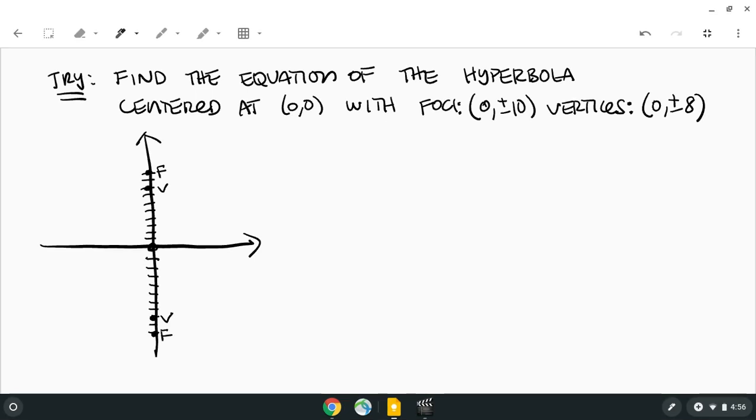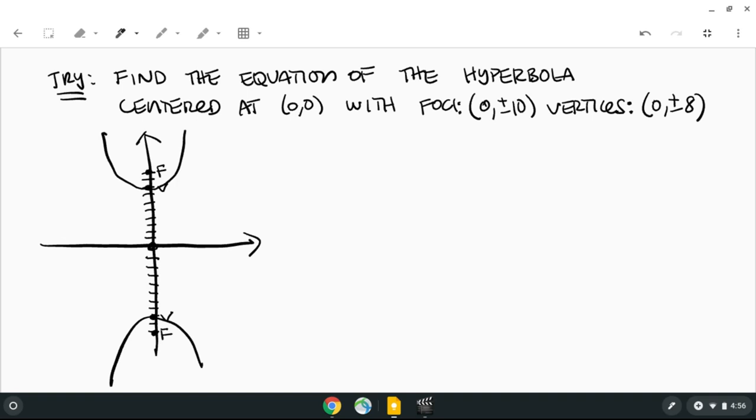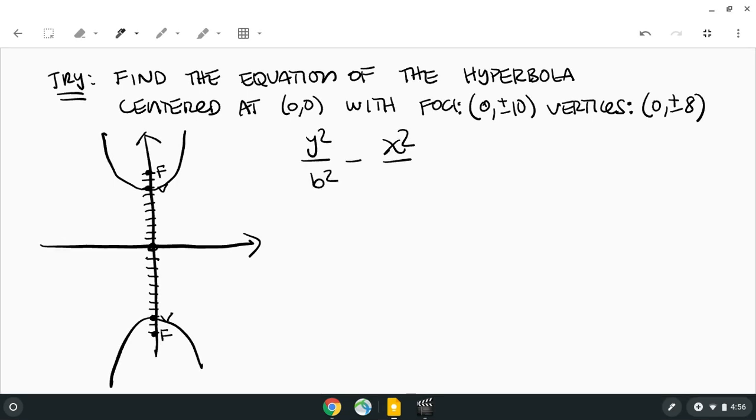So already I know right off the bat, just by looking at this, I can figure out that it's going to be this kind and not the horizontal one, right? And if it's the vertical kind, then I know that it's going to be this equation where the x squared is positive.